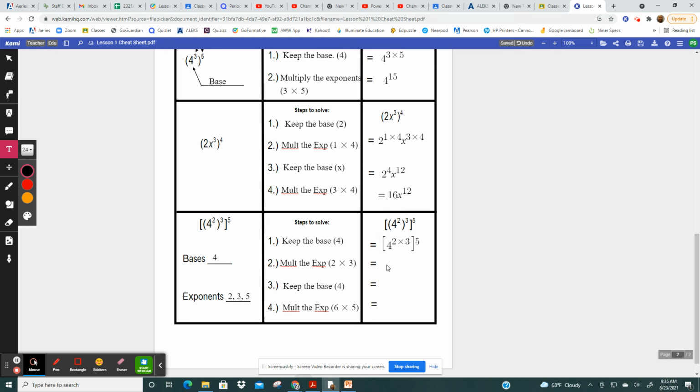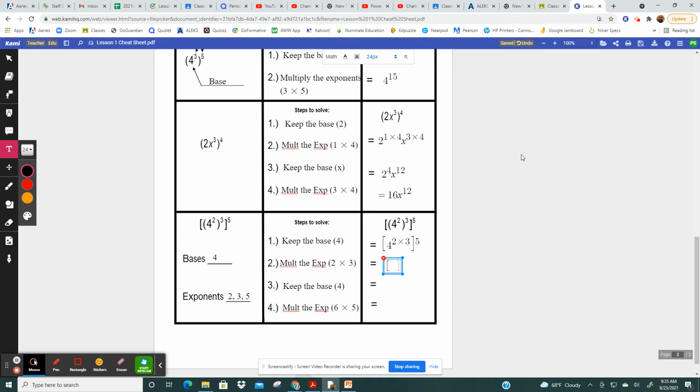I'm showing my steps. I know you can probably just do 4 to the 6 right away. So I've got 4. Oops, I need to go back to my f of x.